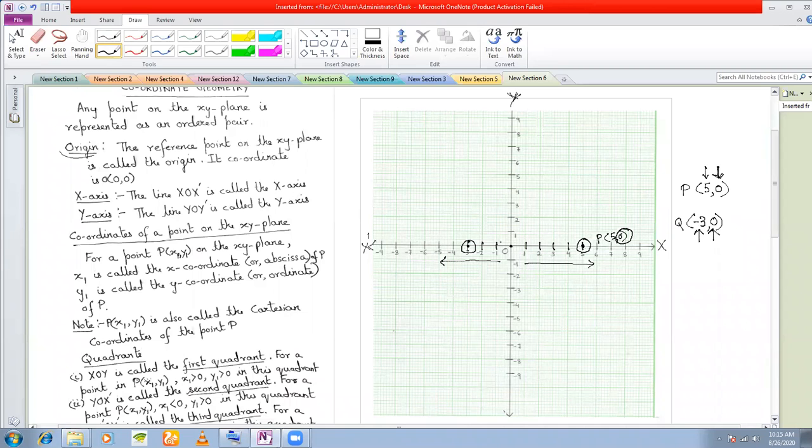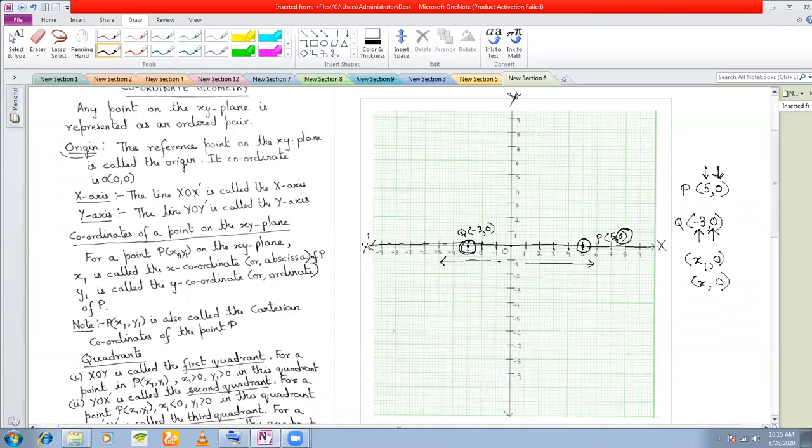You have to move 0 distance. That means you don't have to go anywhere. This is my point Q, -3, 0. What you see here is that any point that you take on this line will always be of the form x, 0.